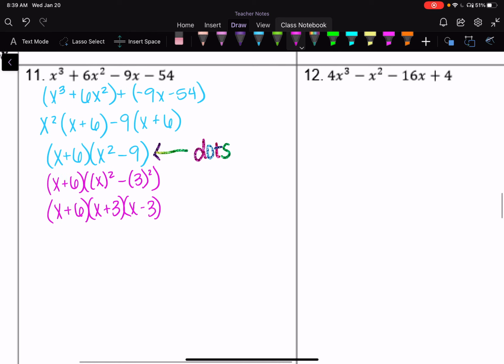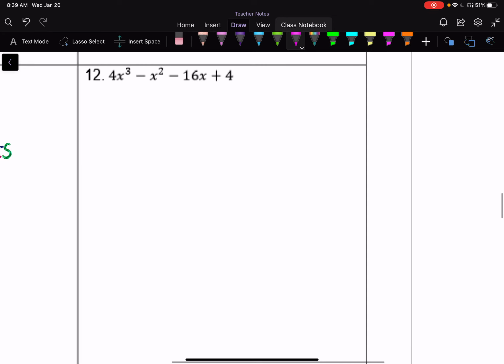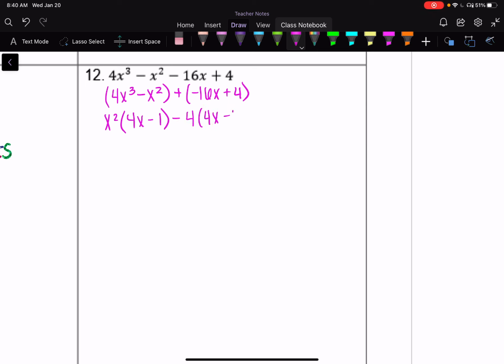Now moving on to number 12. Same idea here. We're going to have to rewrite it. And then factor out my GCF. Now I take my funny GCF, which is 4x minus 1, and then x squared minus 4.